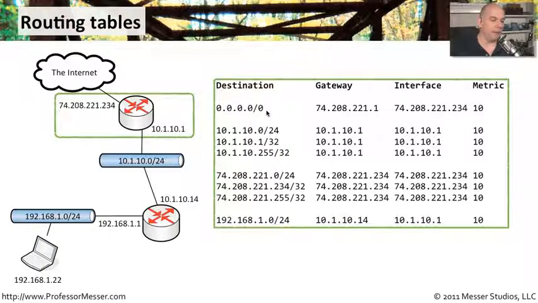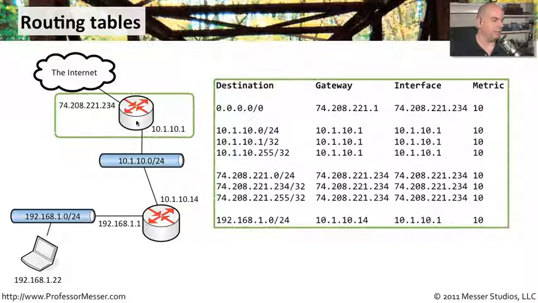So my default route is certainly going to go out to the gateway that's out here on the internet side, this absolutely fake IP address that I've created called 74.208.221.1, and it's going to use this interface of 74.208.221.234 to send that traffic.